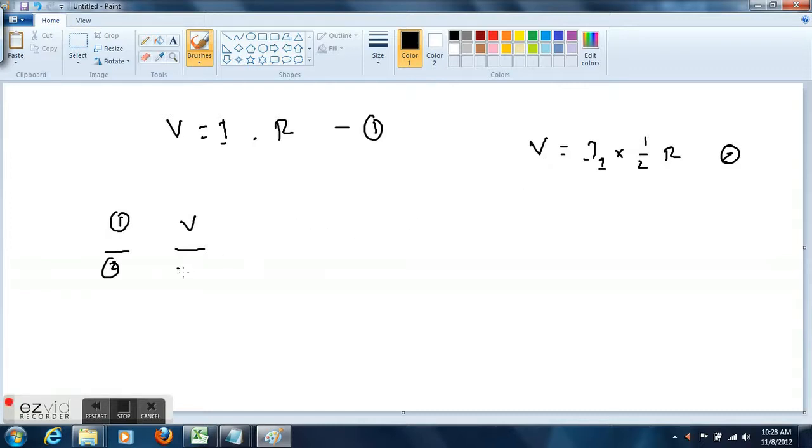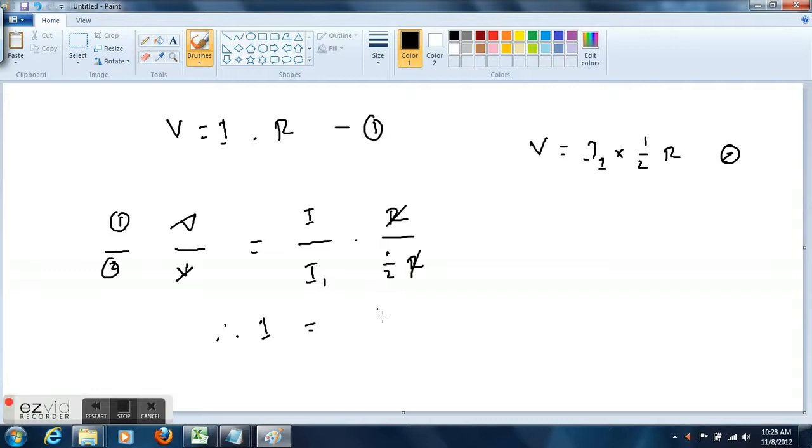So divide 1 by 2, we get V by V because potential difference is same, equal to I upon I1 into R upon 1 by 2 R. Now R will cancel out on the right hand side, V will cancel out in the left hand side. So 1 by 2 will become 2 in the numerator.